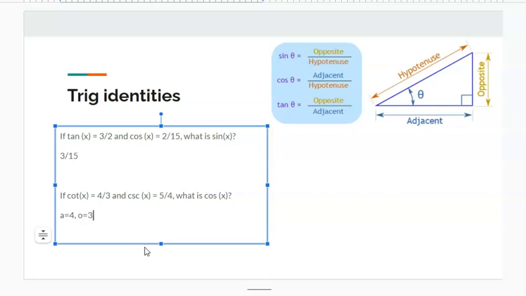Over here, secant is the reciprocal of cosine. That means this 5 would be the hypotenuse, because secant is hypotenuse over adjacent. That means hypotenuse is 5. That was the question's messed up. My bad. I made these up.